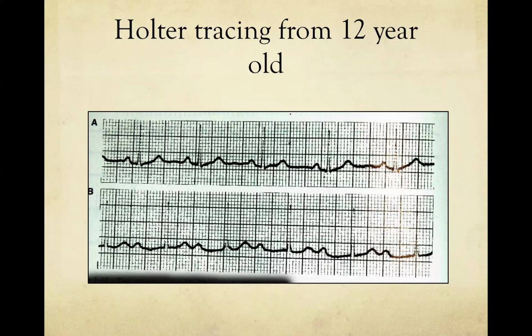But if I see somebody doing this on their Holter, where they usually have a normal PR, but rarely they have a very long PR, that often could be a little clue that the patient may in fact have dual AV nodal physiology.